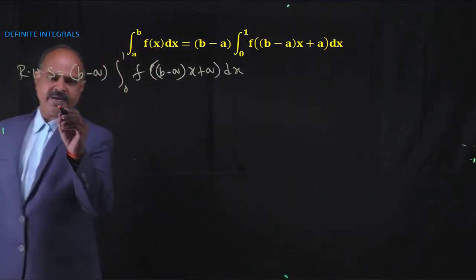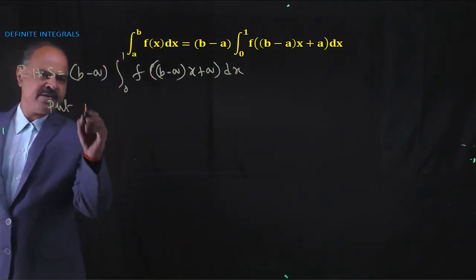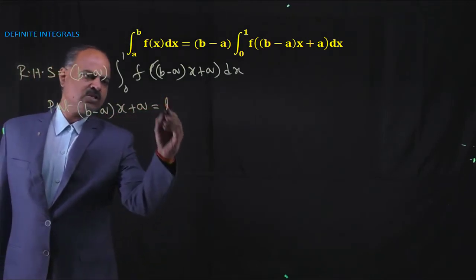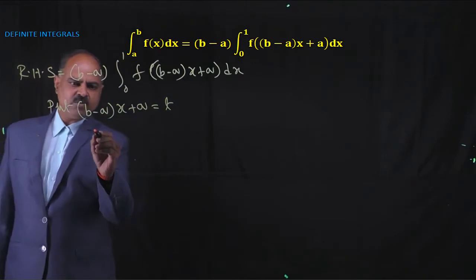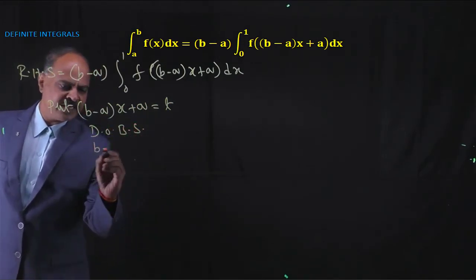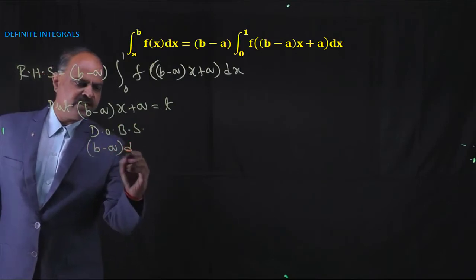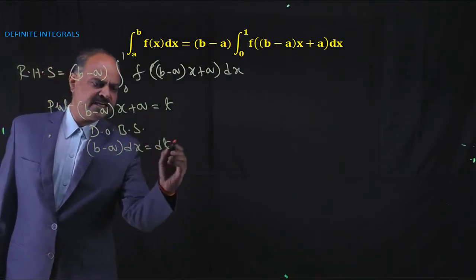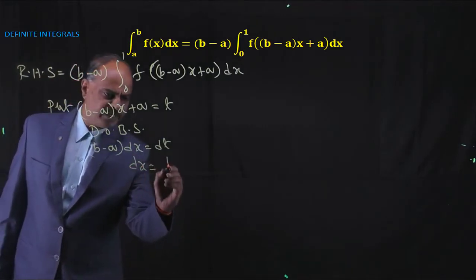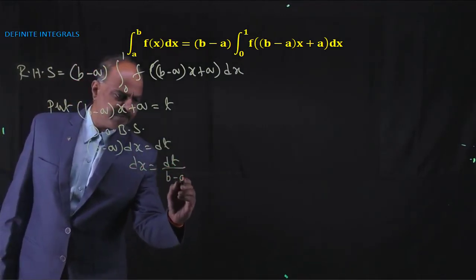So put (b minus a) x plus a equal to t. Differentiate on both sides. So (b minus a) dx equals dt, dx equals dt by (b minus a).